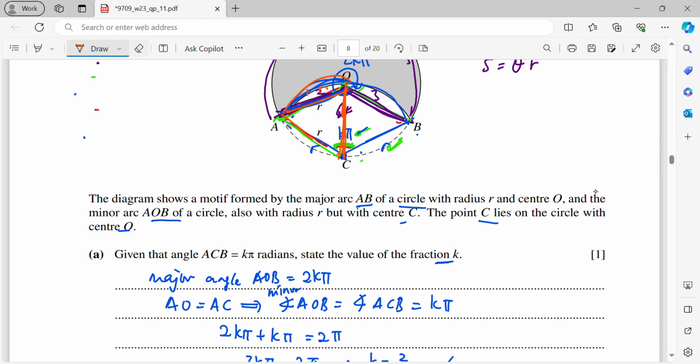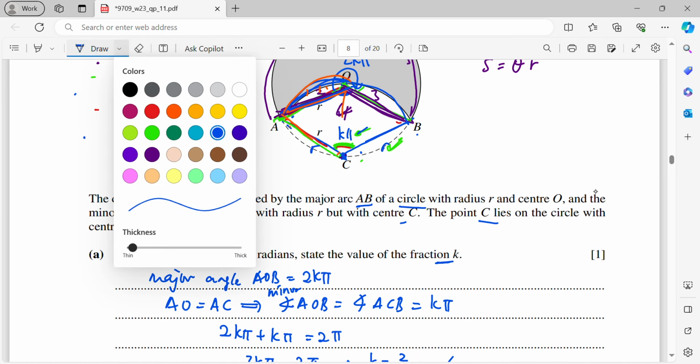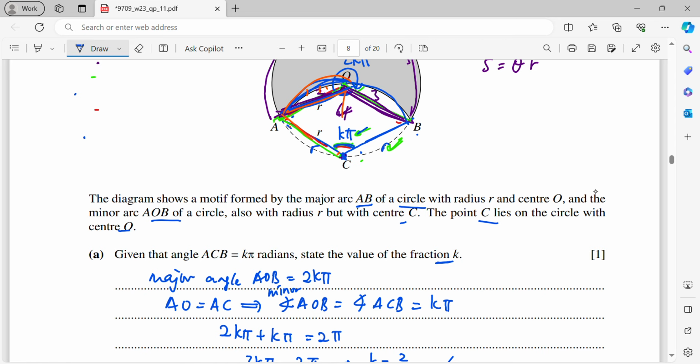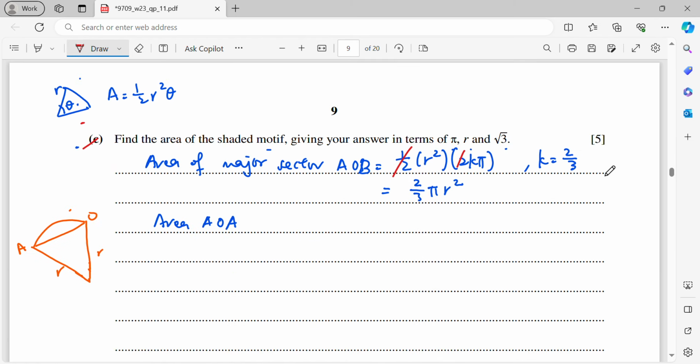Since this initial angle was 2 k pi, here is k pi. Now I cut it into 2 parts, so this part is half k pi, and here is another half k pi. So I will label this as half k pi.